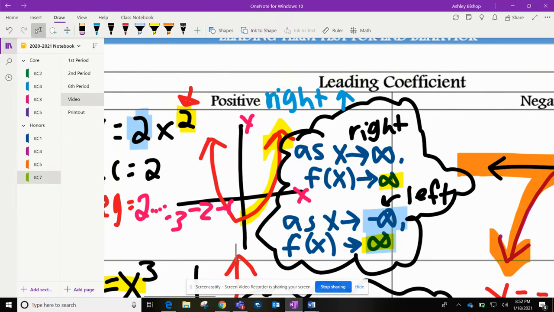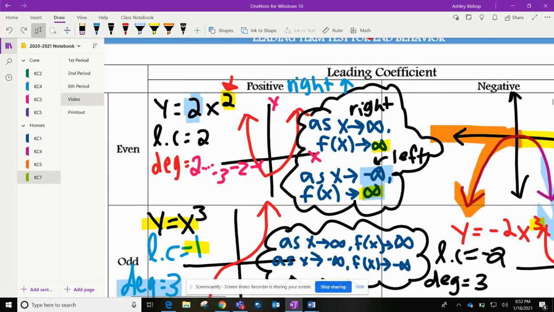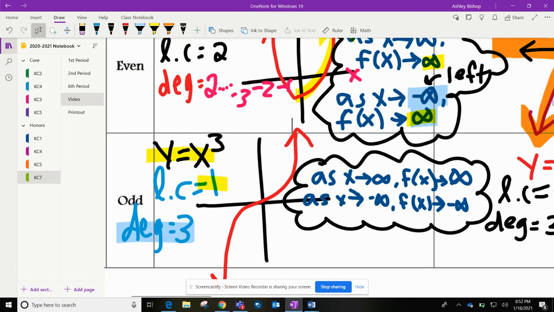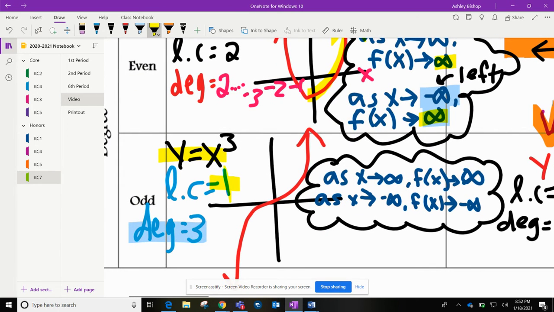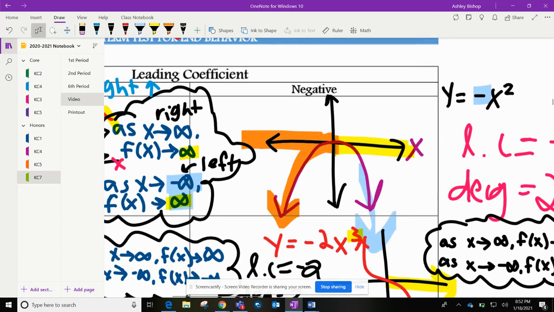If your leading coefficient is positive, your graph is going to end on the right going up. And that's what we see here. I have a positive coefficient in this first example, and the right side goes up. And in this next example, I also have a positive leading coefficient of positive 1, and the right-hand side is also going up. Okay? Whereas if my leading coefficient is negative, my right side is going to go down. The right side of my graph is going to go down.